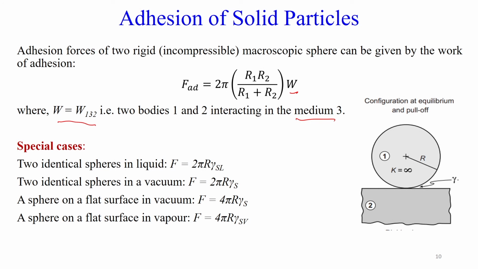Now, if you consider r1 and r2 are equal, so F will be 2 pi r gamma solid liquid, because they are interacting in the liquid. So, this will be the solid-liquid interfacial tension.